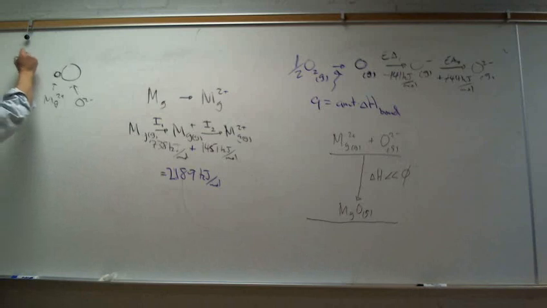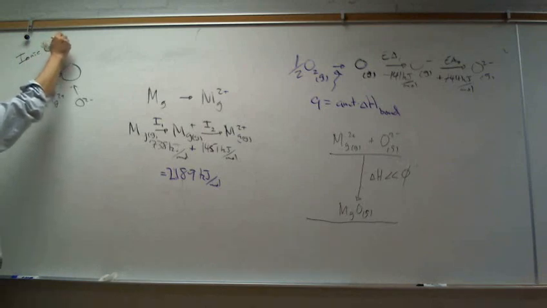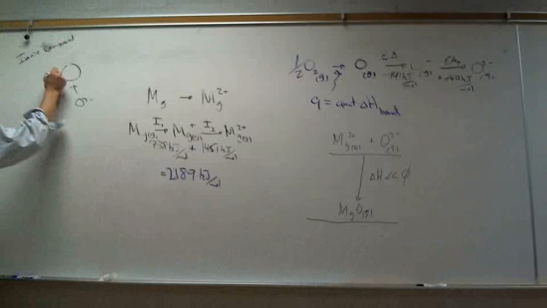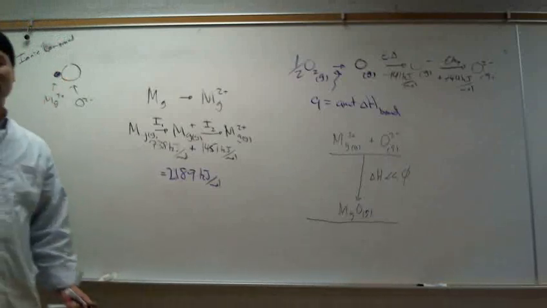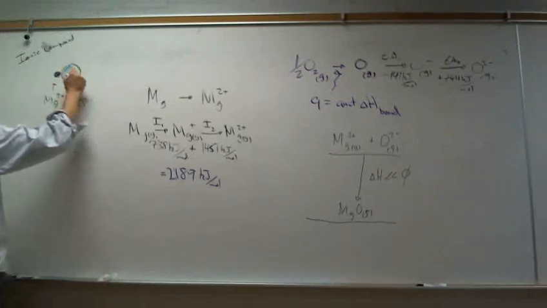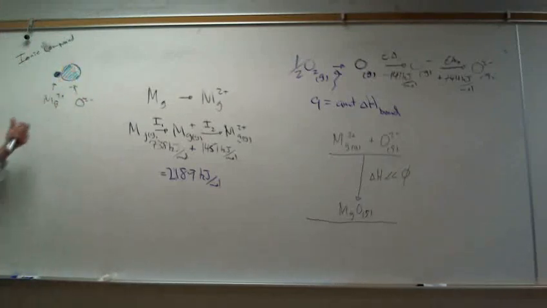Ionic compounds form ionic bonds. And the way we show ionic bonds is just this. We have a positive ion here being attracted to a negative ion here. And so it's just an attraction between this positive ball and the negative ball, and they're going to come together and stick like that, like two magnets.